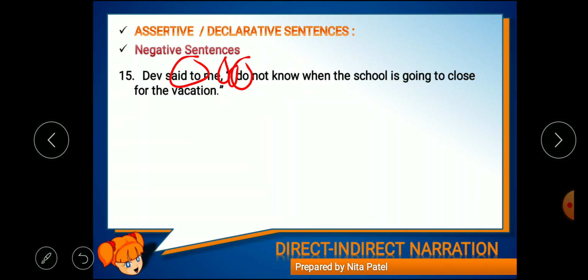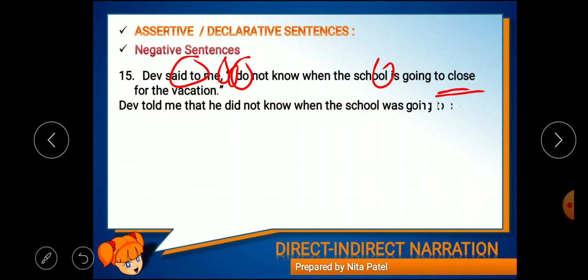He did not know when the school was going to close. Infinitive is used, so we do not need to change. So when the school was going to close for the vacation, look at the answer: He did not know when the school was going to close for the vacation.